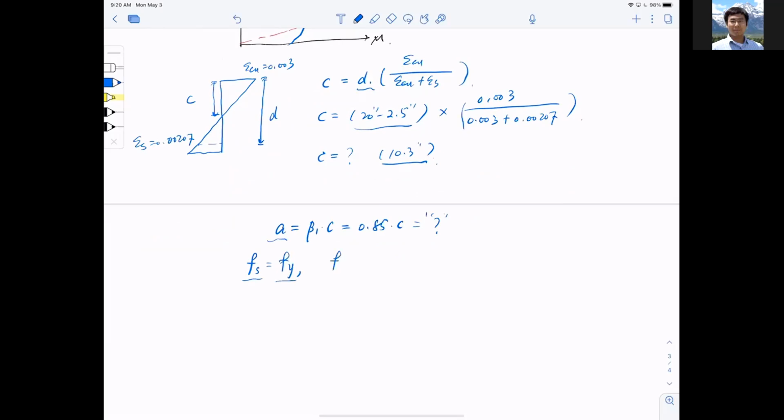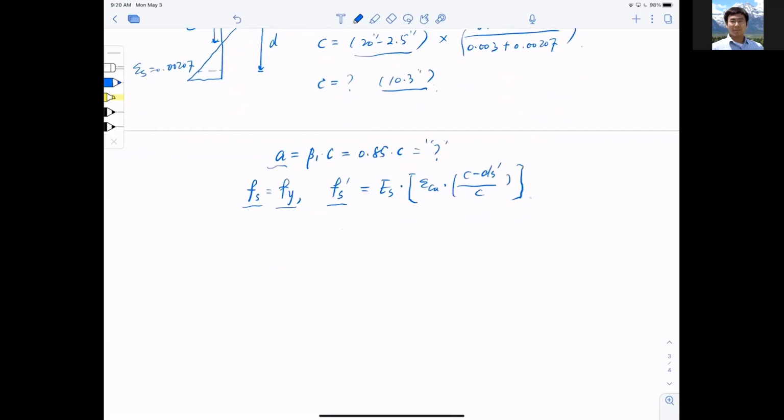But what I don't know is my compressive stress in the bar, fs prime. Now fs prime should equal the Young's modulus Es multiplied by the strain in the compressive bar. And the strain in the compressive bar is epsilon cu multiplied by C minus ds prime divided by C. And then bring the numbers in: fs prime equal to Young's modulus for steel, 29,000 ksi, strain for concrete 0.003, and C some number, right?